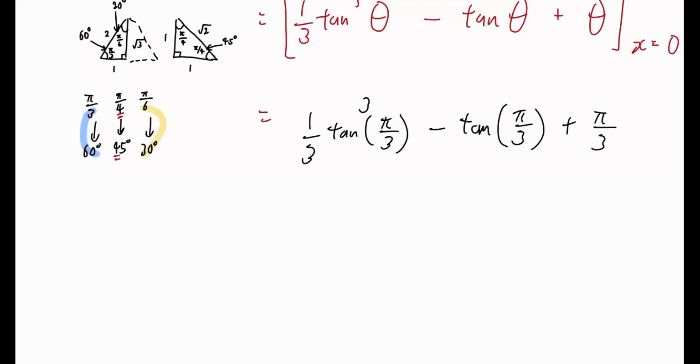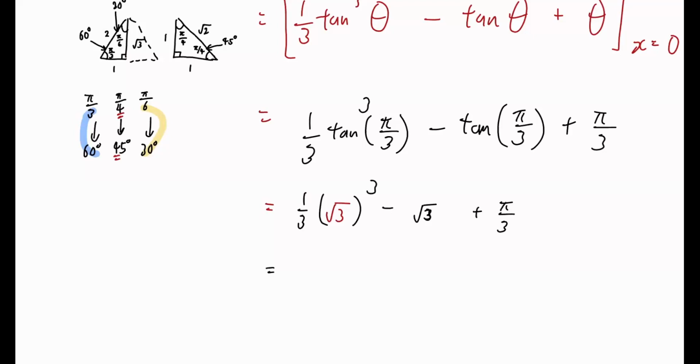But anyways, how to solve this exact value? Tangent pi over 3, tangent 60 degrees, so that will be root 3, right? And don't forget, 1/3 in front, bracket, power 3, minus tangent pi over 3, 60 degrees. So again, it's root 3. It's the same. And then plus pi over 3.